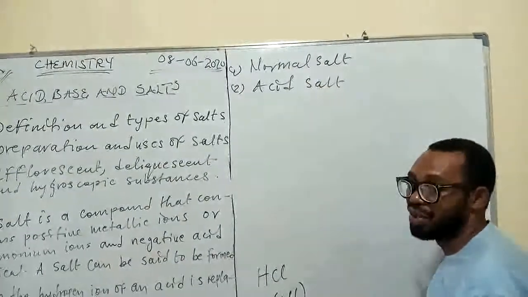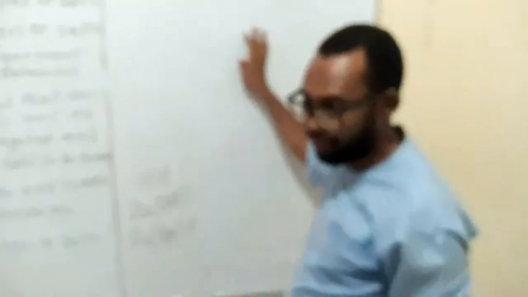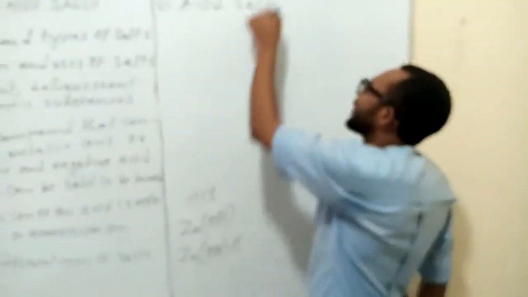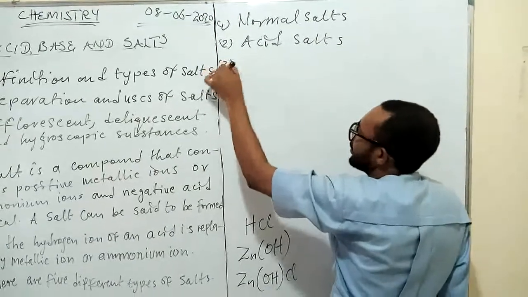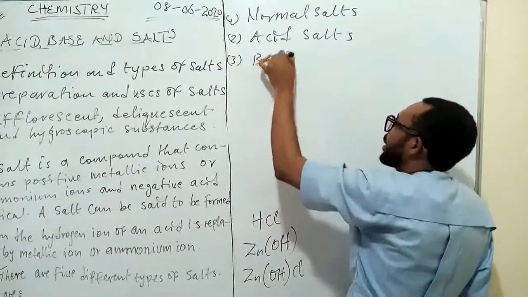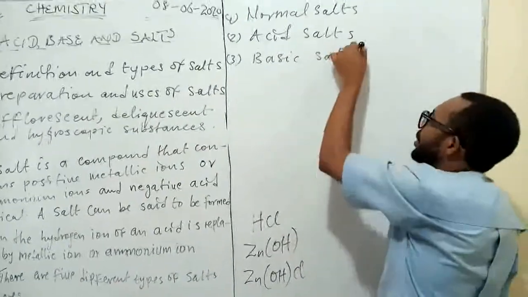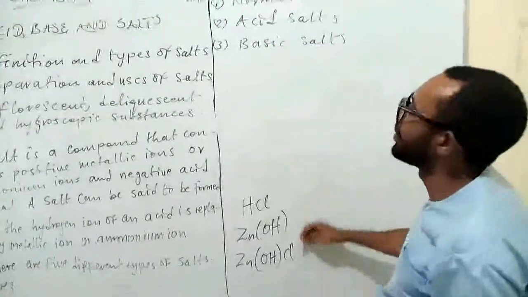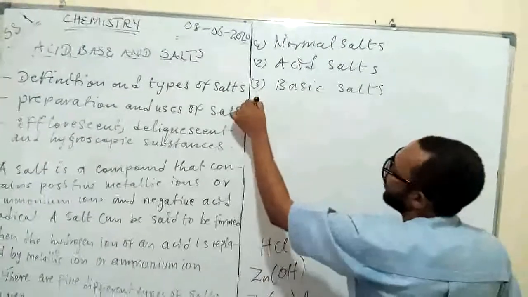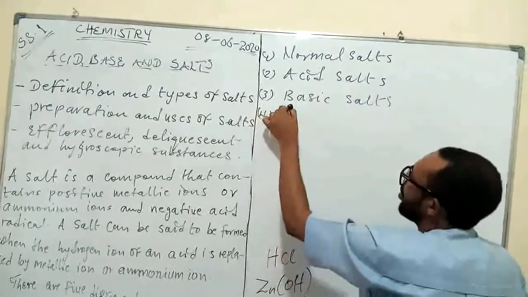This type of salt is not advisable for consumption. I have normal salts, I have acid salts. The third kind of salt is basic salt. Basic salt contains hydroxide ions, and then we have a fourth, which is double salt.